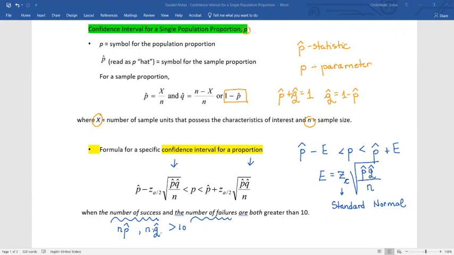X is the number of successes. So how do we get this? Well, from here, P hat equals X divided by N. So to solve for X, we multiply P hat times N, and this is the number of successes, N times P hat. Similarly, the number of failures will be N times Q hat. So keep in mind, this is the condition, and only when this happens can we use the formula.